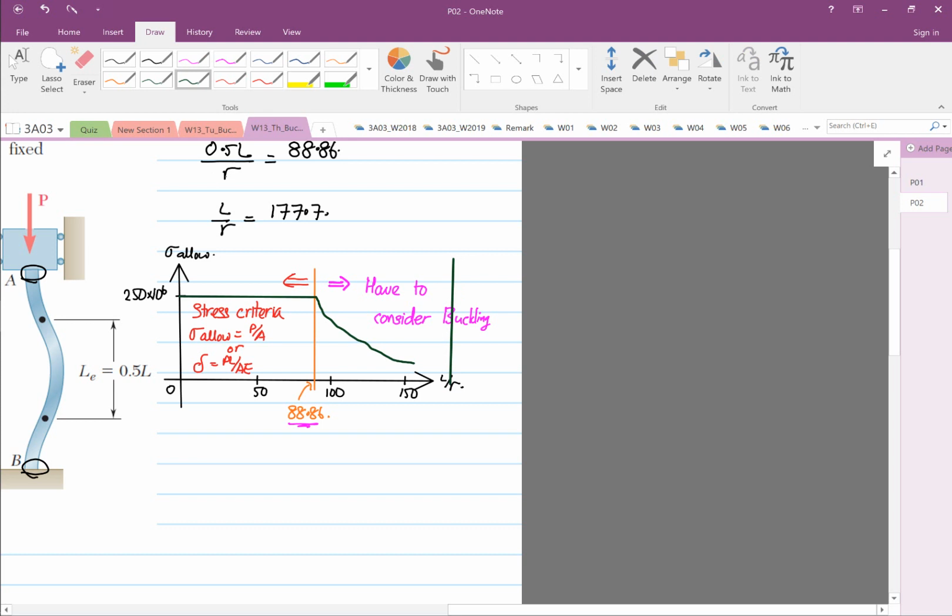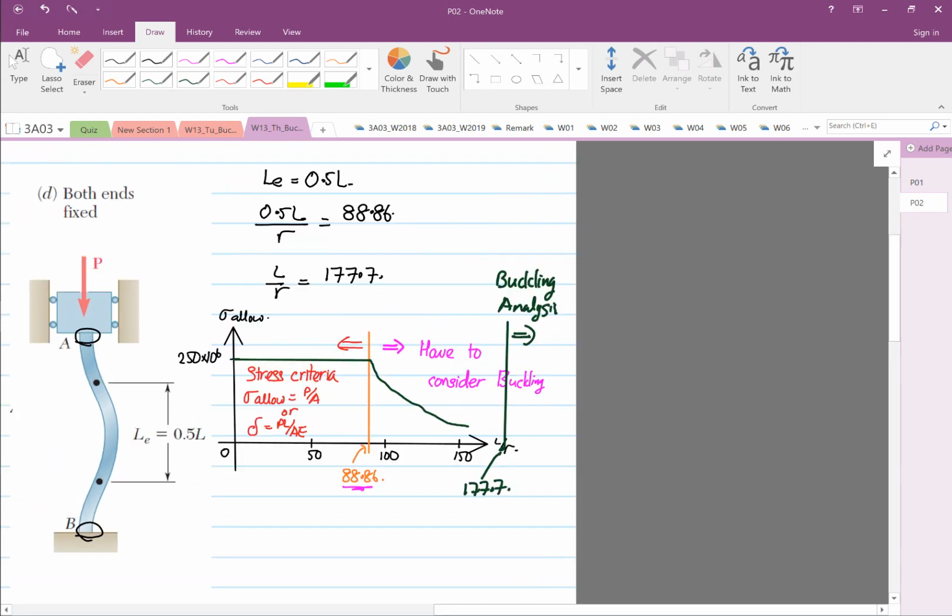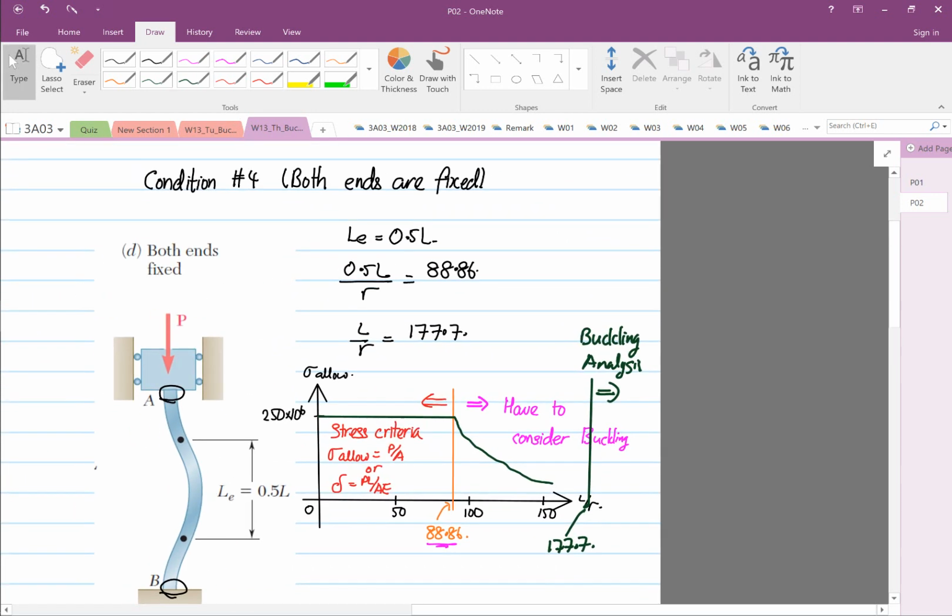So at this point is where you have 177.7. Then the design will be based on buckling analysis when both ends are fixed. Okay, so you have to get it clear when it's fixed and when it's pinned.